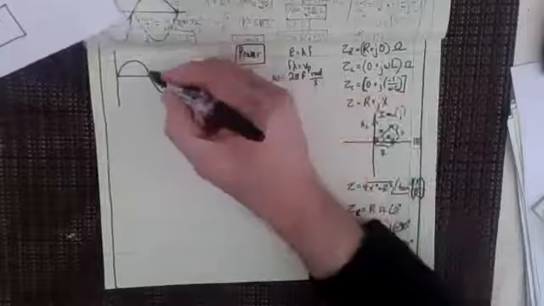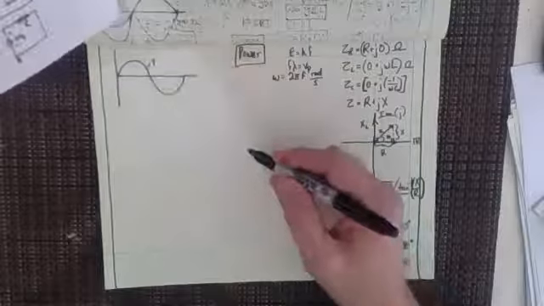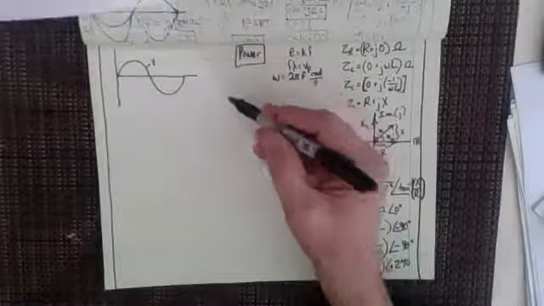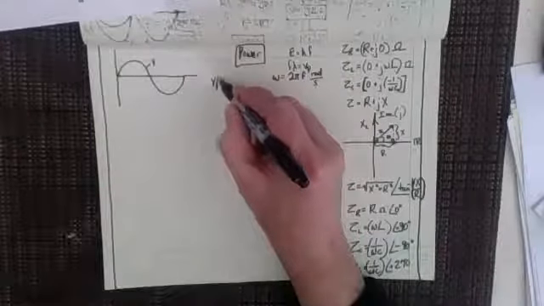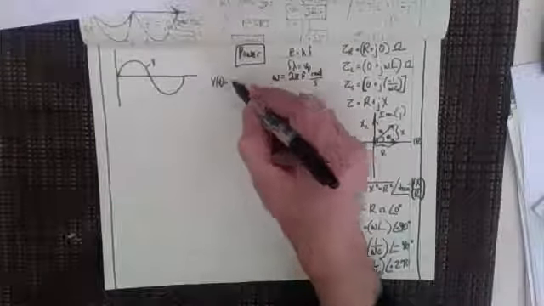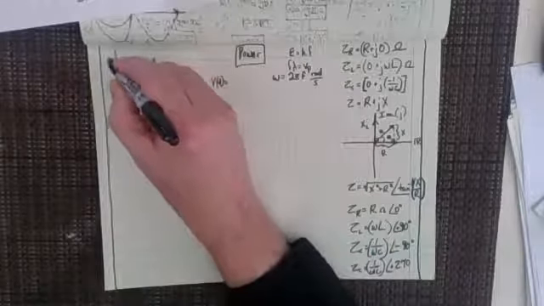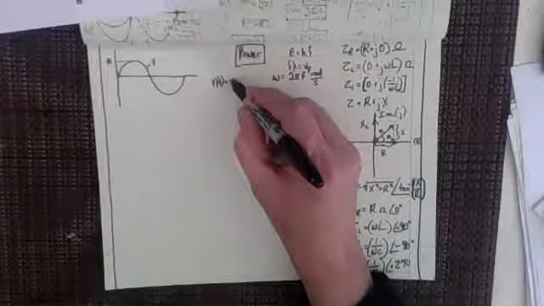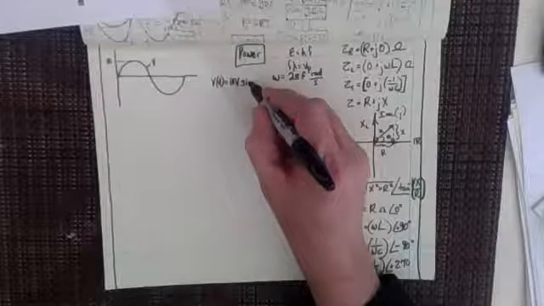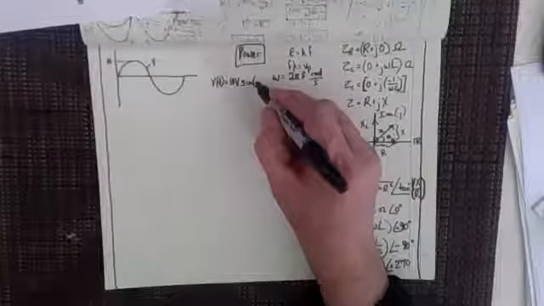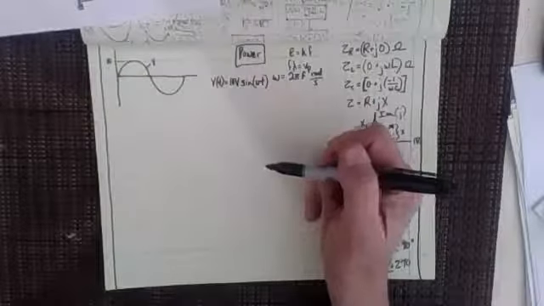So we have this, and let's call this the voltage, right? If I was to write a time domain form of that voltage equation, that voltage per time would be its magnitude. We could say that its magnitude would be 10 volts times the sine, because it's a sine wave, times omega t. 10 volts sine omega t.